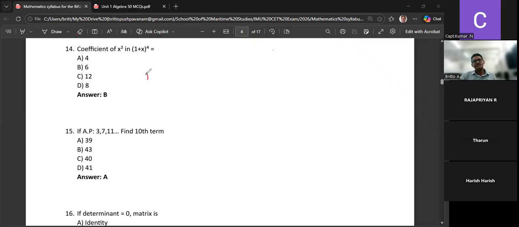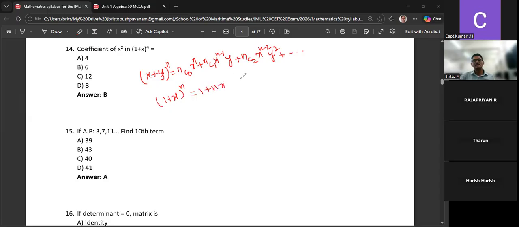You know the binomial theorem: (x + y) to the power n is nC0 x power n plus nC1 x power n minus 1 y plus nC2 x power n minus 2 into y square plus, etc., going on.